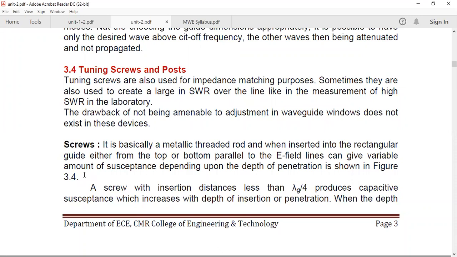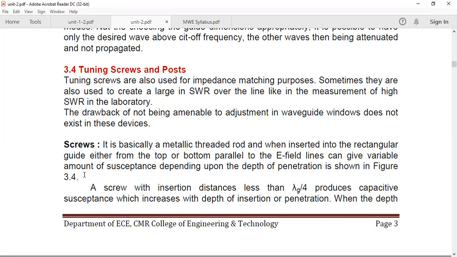That is the tuning screw. A post means, just like inside the hollow there is an iron sheet that is fixed, the capacitance and inductance values are also fixed, because a post is a fixed one. But a tuning screw is not like that; a tuning screw is a variable one.